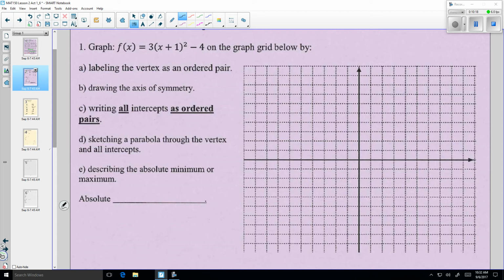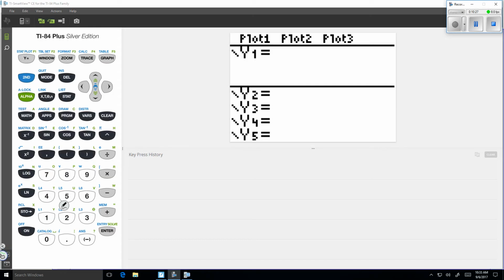And the best way to handle this right now is just simply to graph it on a grapher. So I'm going to pause this for just a second. So now I have the TI-84 up here on a simulator, so it's working just like it would work for you. And so we're going to go to Y1 and we're going to graph this second power equation.